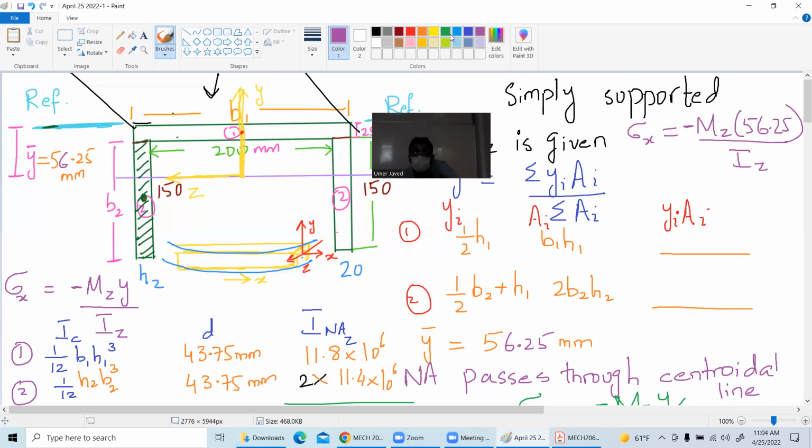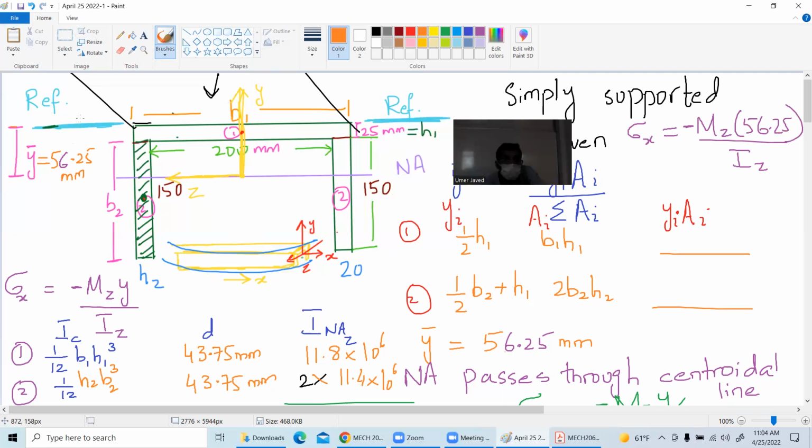And then for maximum tensile stress, I will have to find the distance from this purple line all the way to the bottom. So if this distance is 56.25 and the total distance from here all the way to the bottom is 150 plus 25, 175, then 175 minus 56.25 will give me, I don't know, 175 minus 56.25.